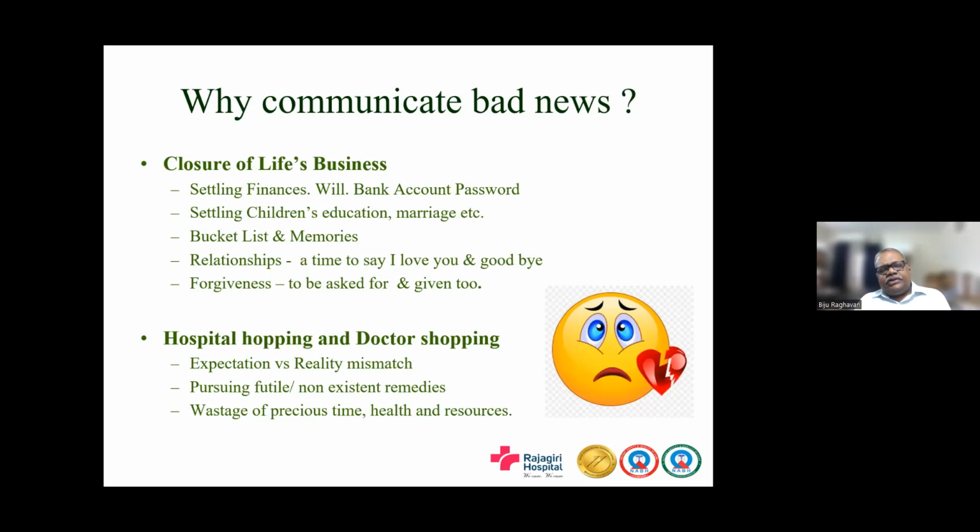Another important aspect is this hospital hopping and doctor shopping business. The patient does not know that his disease is incurable, progressive, and advanced. So, from the patient's point of view, expecting to get cured, get back to normal life, get back to work are very reasonable expectations.